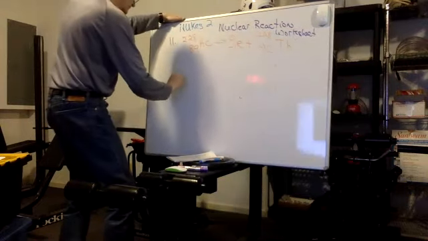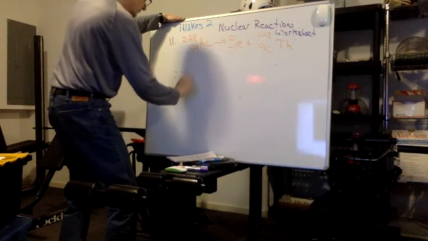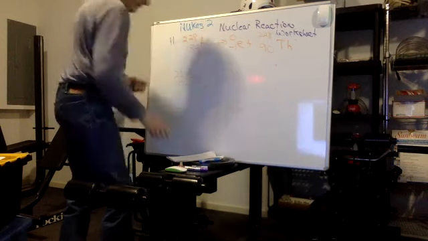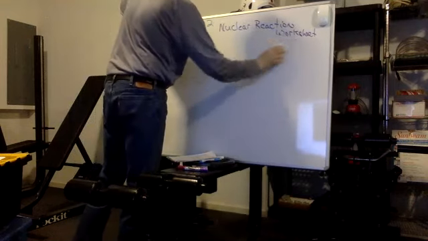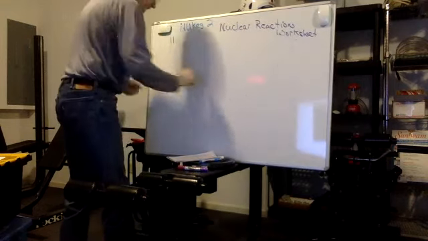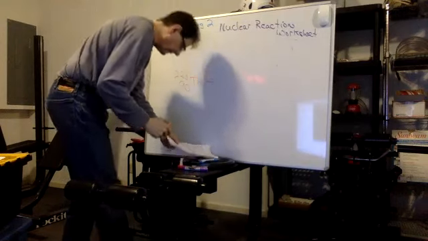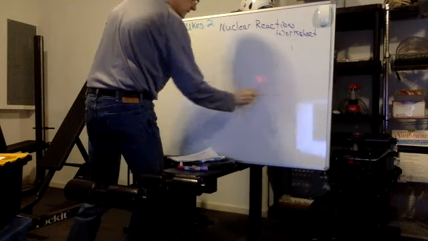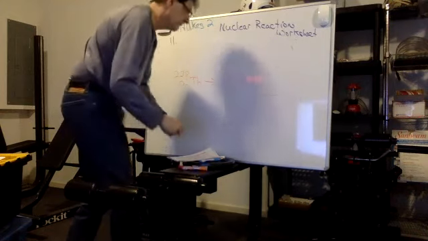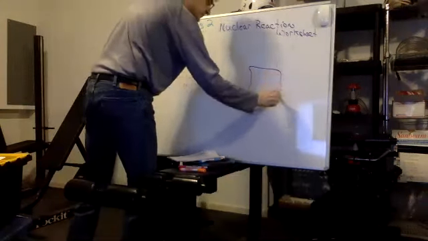So we take the 228, 90 thorium. That's going to undergo an alpha decay and another isotope box.